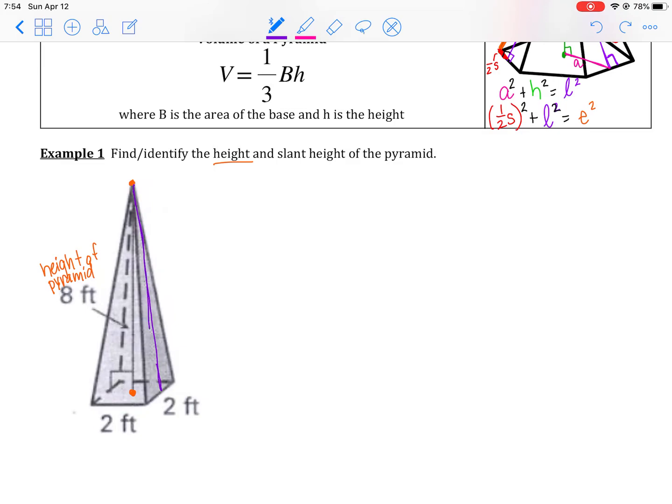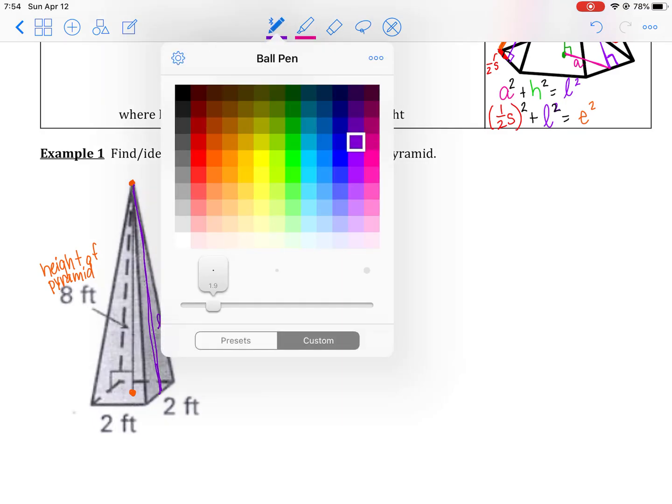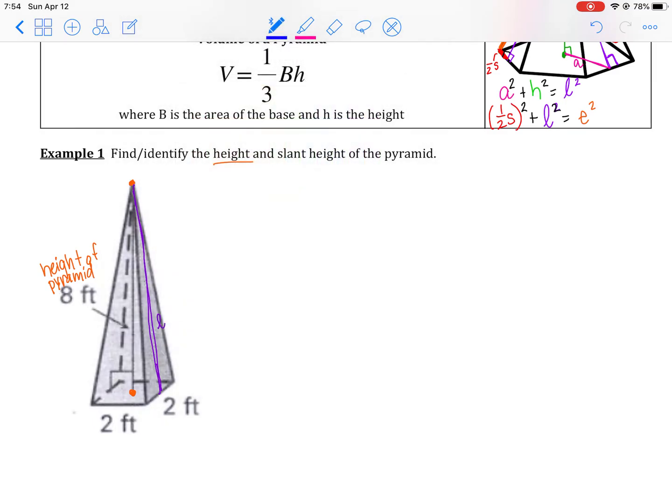To find this slant height, I'm going to need to use the apothem. The apothem of a square is actually pretty easy to find, because since this is the middle, it's going to be halfway across. If all the way across is 2, then halfway across would be 1. For this one, I am using that first Pythagorean theorem that we wrote down: apothem squared plus height squared equals slant height squared.